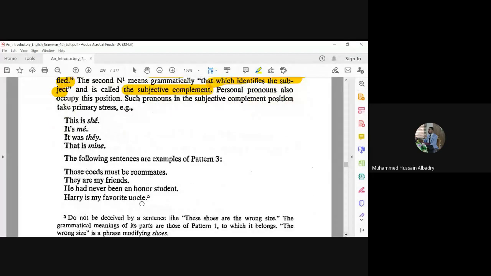Here we have sentences, for example. Those cows must be roommates, minimum roommates, those cows. They are my friends, they. Harry is my favorite uncle, Harry, uncle. Subject is an uncle.